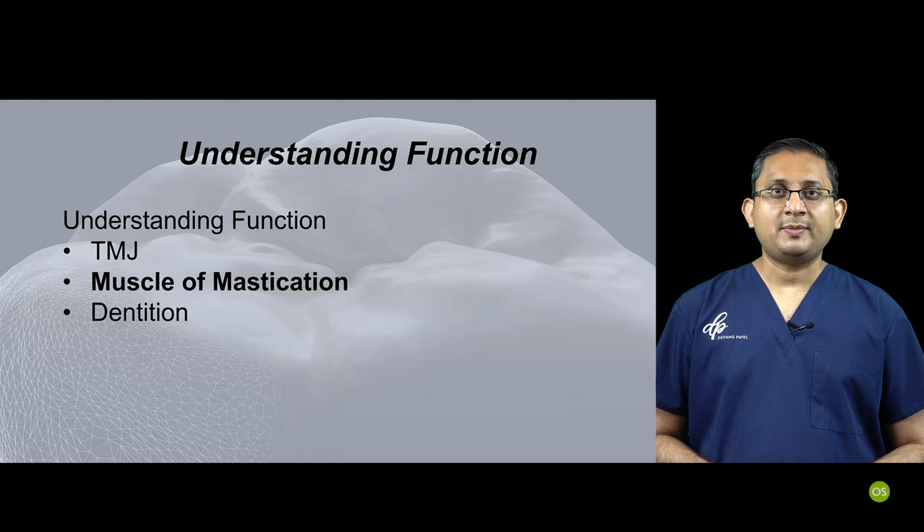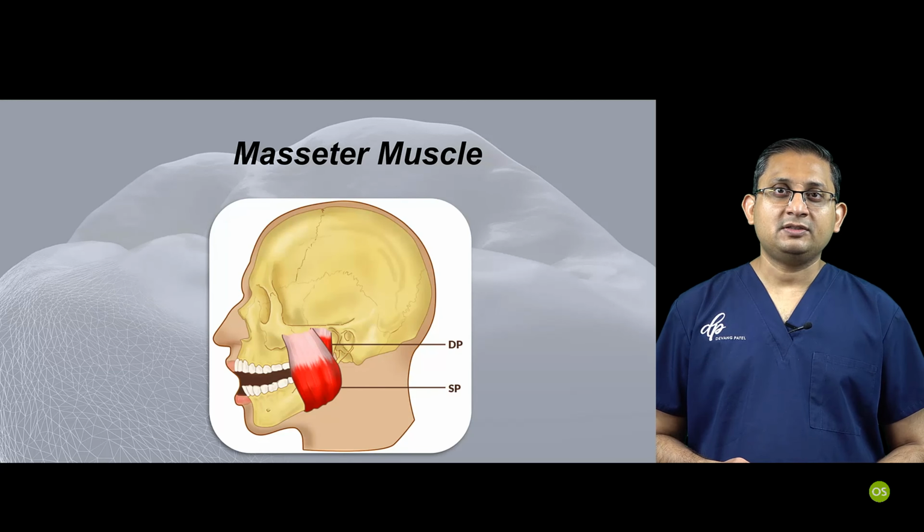Let's look at the muscles of mastication and their function. One of the main muscles of mastication is the masseter muscle, and its function is mainly as an elevator. It elevates the mandible into a superior but slightly anterior position because of the position of the muscle.